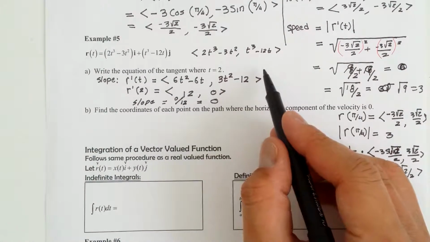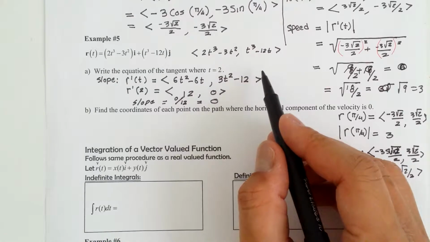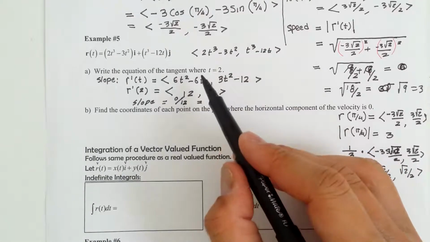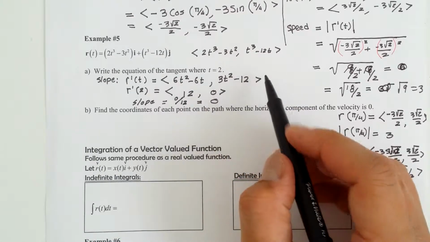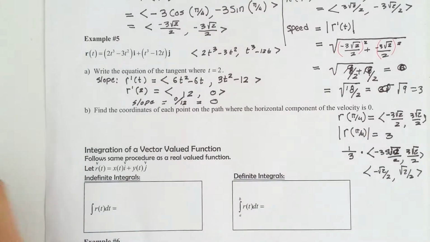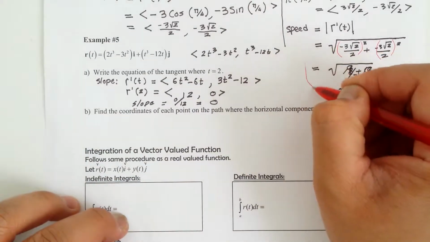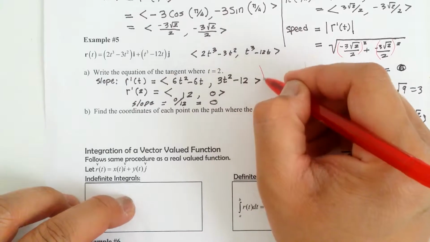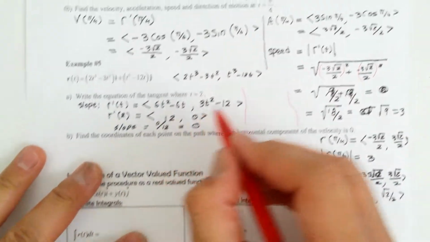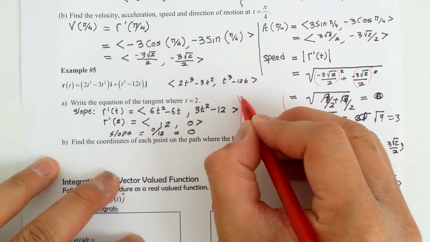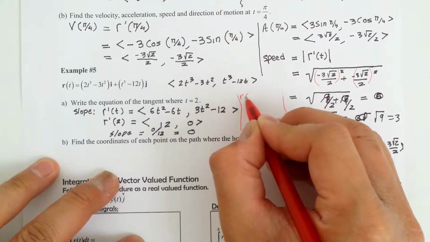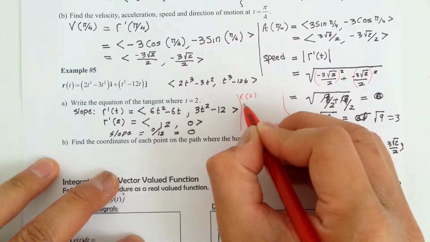And the second thing is we need to find the point at t equals 2. So I'm running a little short on room here, so I'm going to kind of draw this bar. I'll continue my work in red. I am going to find the point, which means that you evaluate r at 2.